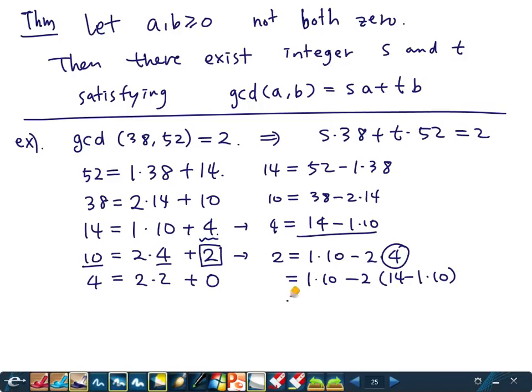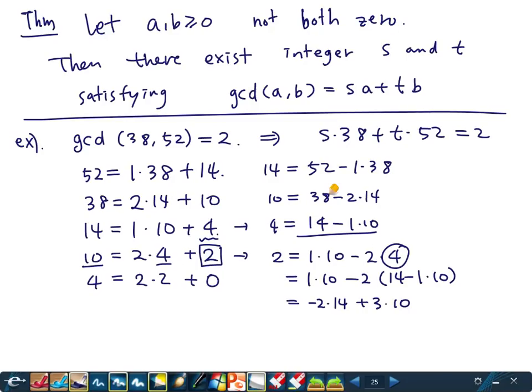And I'm going to simplify this. Let me write 14 first. Minus 2 times 14. Here, this is 2 times 10, plus we have 1, so it's going to be 3 times 10. Okay? We consider these as variables or just letters instead of numbers. I'm not going to compute this right now. I'm going to keep expressing the numbers in terms of other numbers.